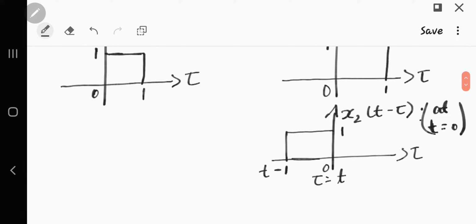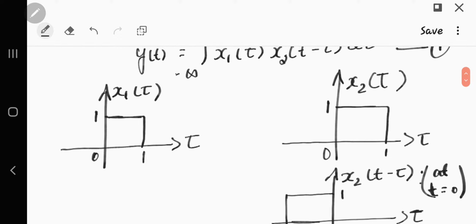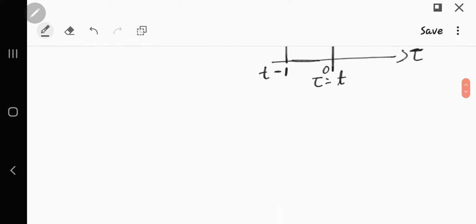So this is the signal here. Now this signal is varying from t minus 1 to t with respect to the time index tau, and this signal x1 of tau is from 0 to 1. So let's start performing the convolution operation.